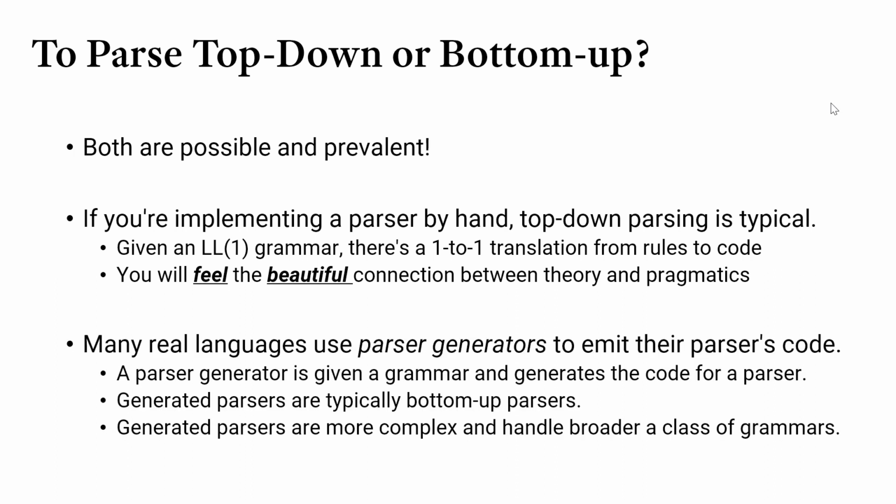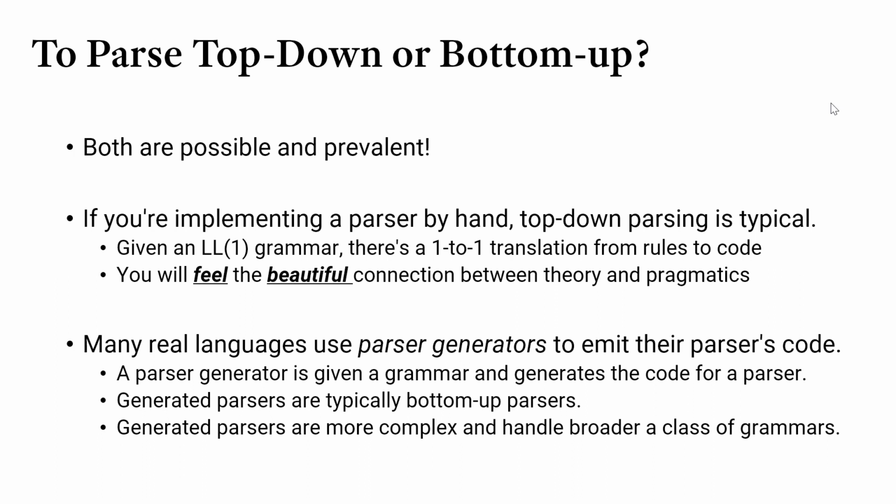Now, many programming languages that have much larger grammars or grammars that are better specified, not necessarily constrained to the rules that we're going to be following in this class, they'll use something called a parser generator, where they'll specify this grammar in a special purpose language, and then a program will take that grammar and generate the code for a parser for them. And that step will produce a bottom-up parser typically.